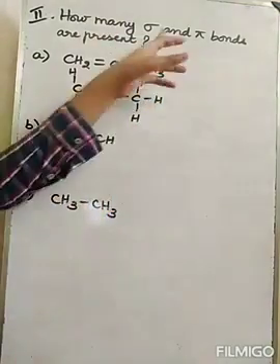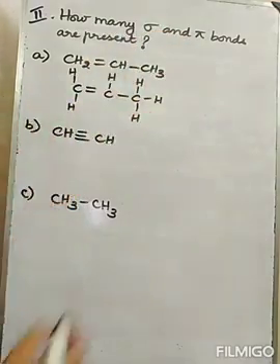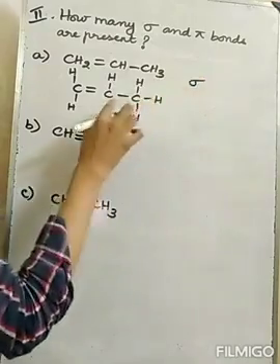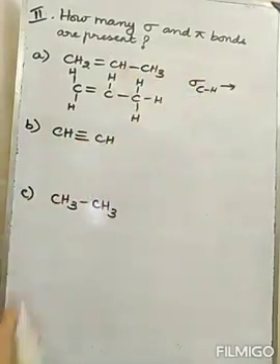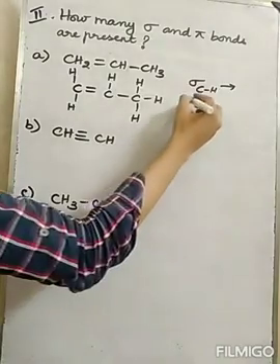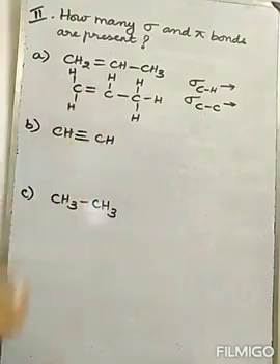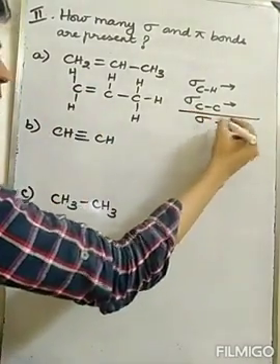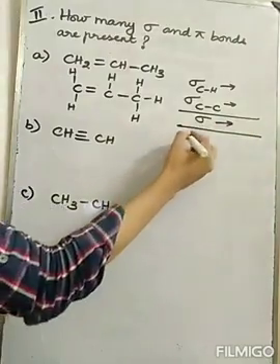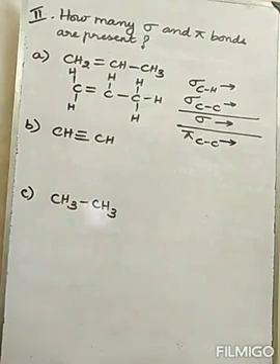So sigma bond means head-on overlap, and it will give a single bond. So how many sigma bonds are present between carbon and hydrogen? That you have to find out. How many sigma bonds are found between carbon and carbon? That you have to find out. And total number of sigma bonds you have to find out. And how many pi bonds are found between carbon and carbon?